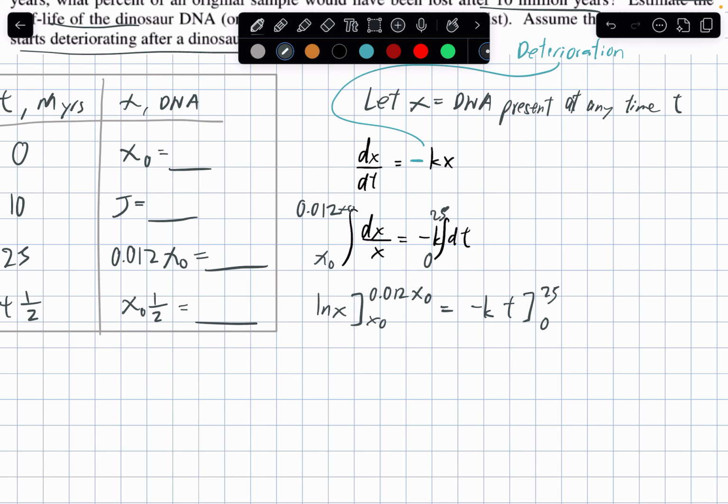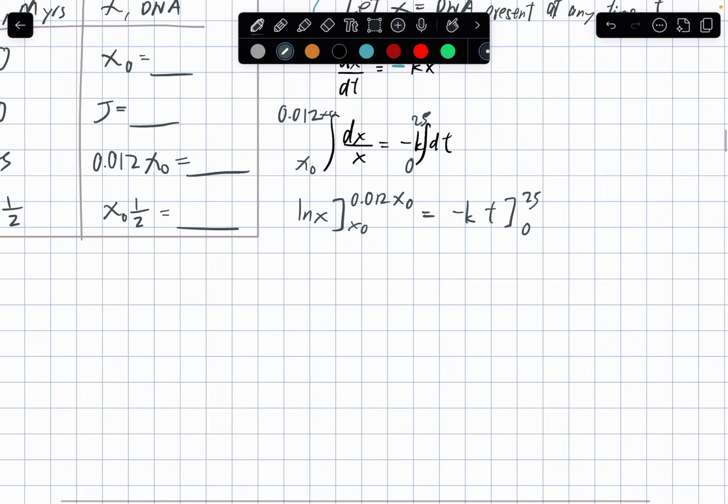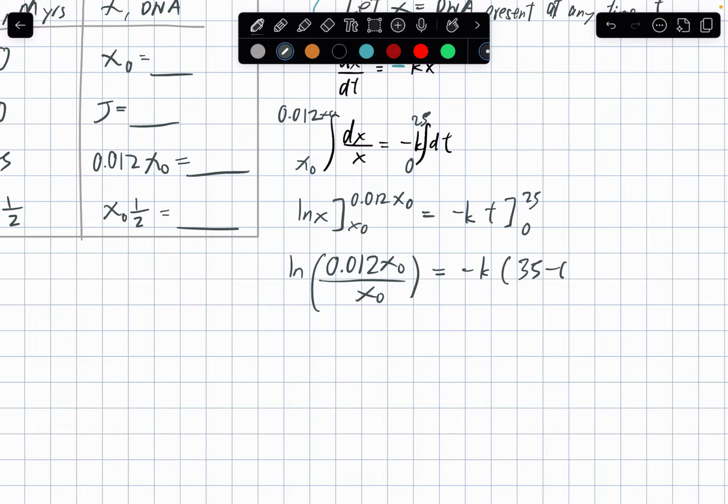Later we will substitute. So f of b minus f of a, no? For definite integrals. ln of 0.012 x sub 0 over x sub 0 equals negative k times quantity 35 minus 0. You can see, x sub 0 can cancel.